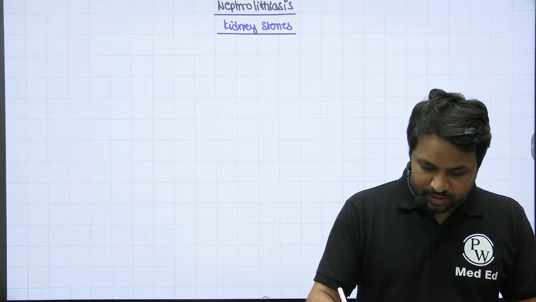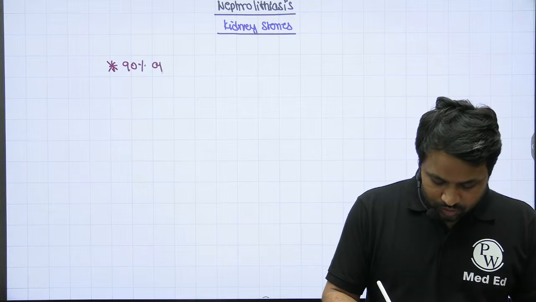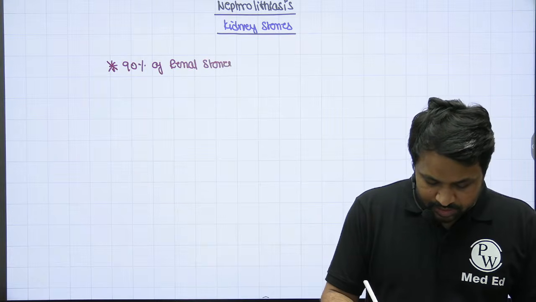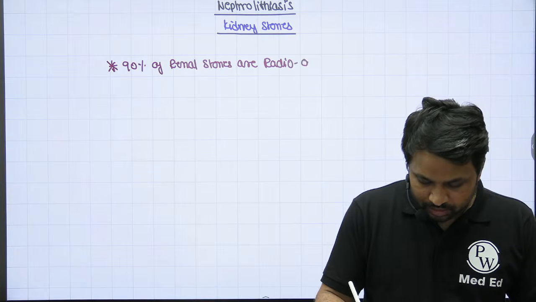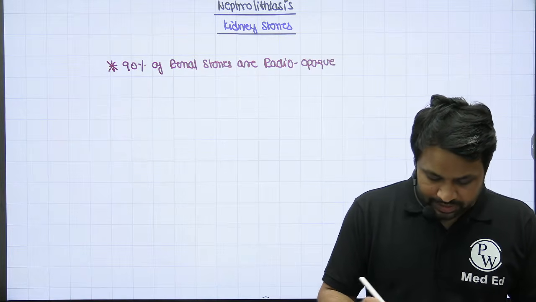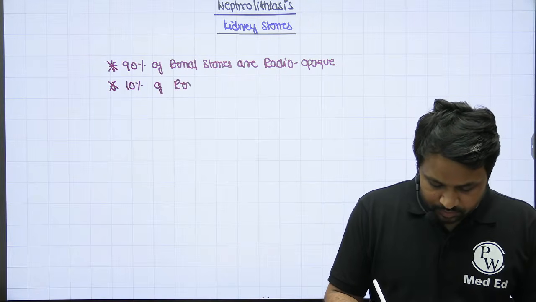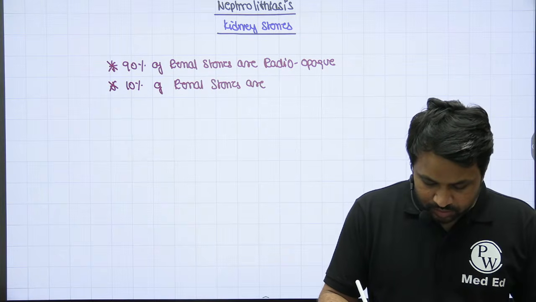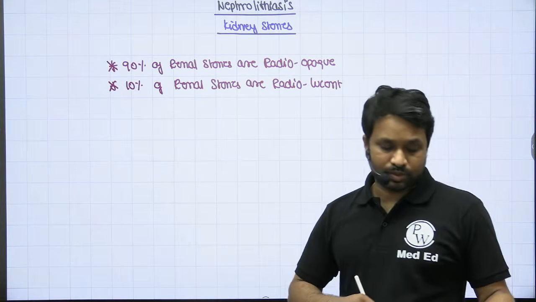Before we start, you can simply write a statement saying that 90% of renal stones are radio opaque. Only 10% of the renal stones are radiolucent, right?